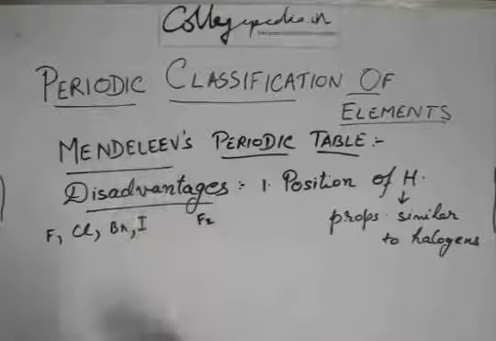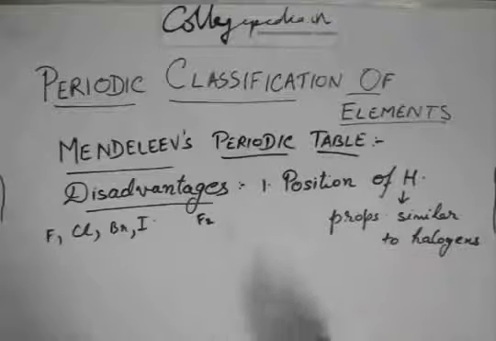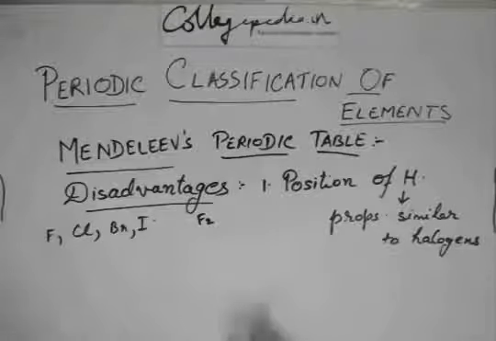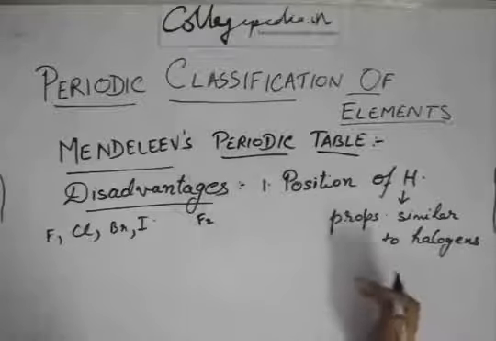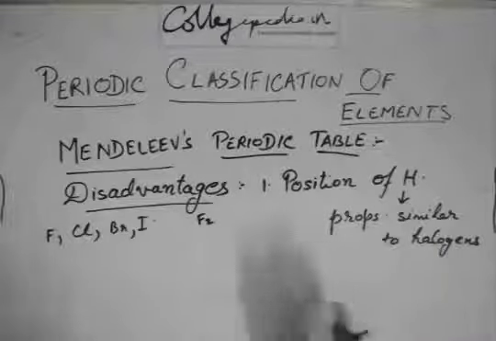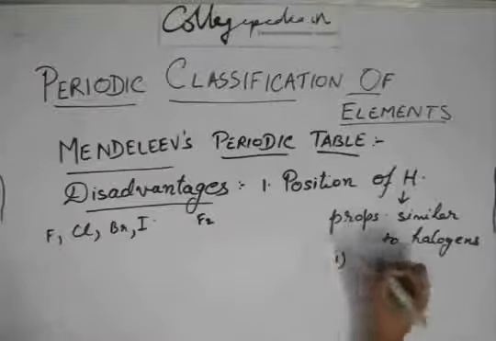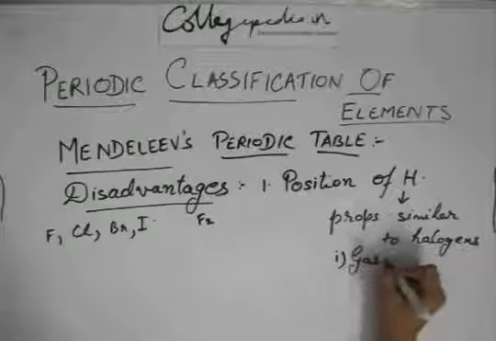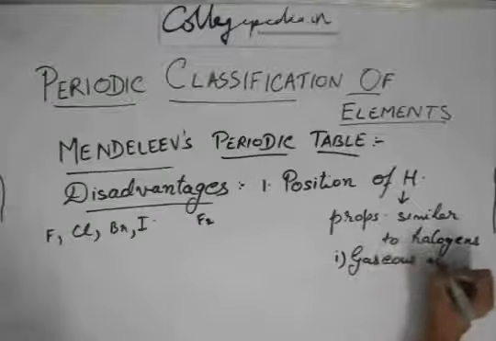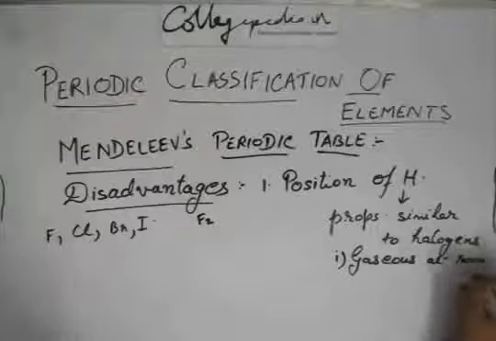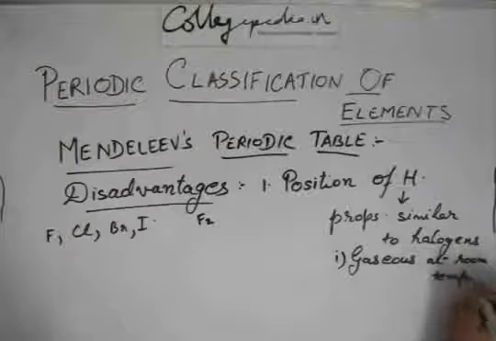First of all, they are gases, and hydrogen is also a gas, while lithium, sodium, potassium are all solids at room temperature. So the first similarity of hydrogen is that it is gaseous at room temperature, like the halogens.